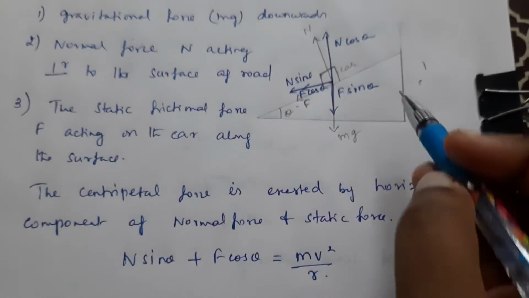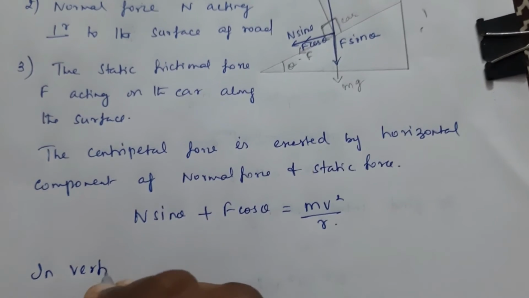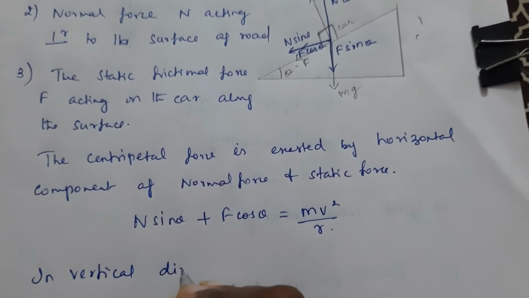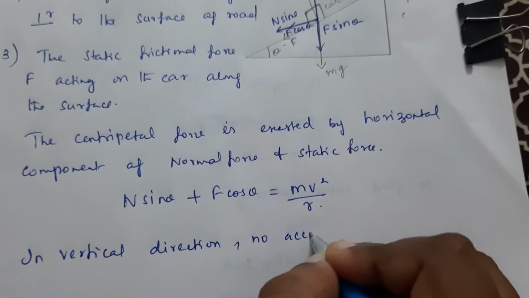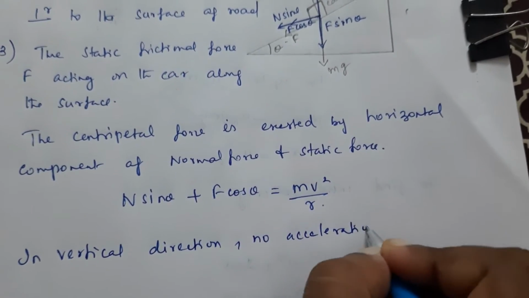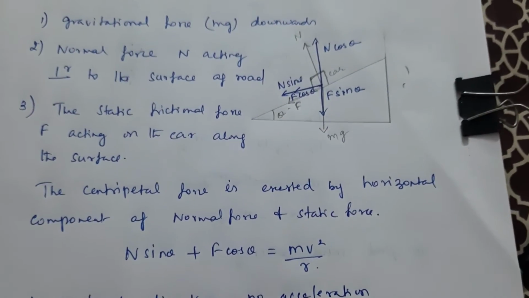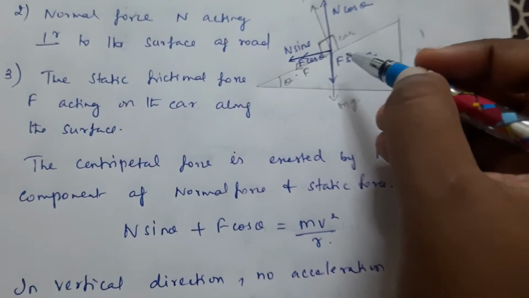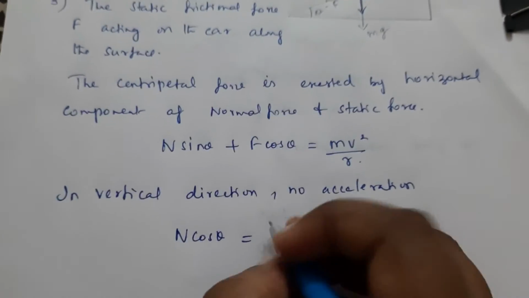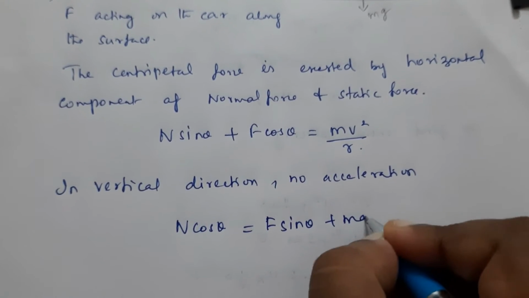Now we'll come to the vertical direction. In vertical direction, there is no acceleration, so the forces acting will be equal. So n cos theta is equal to f sin theta plus mg.